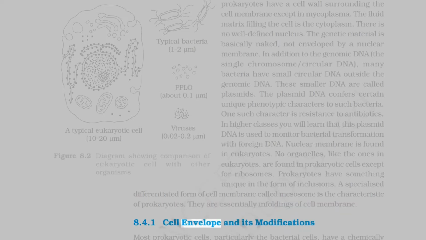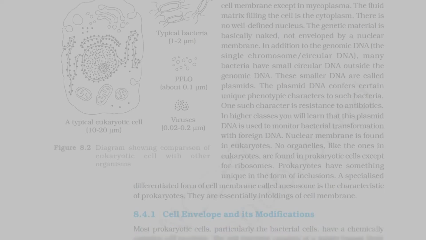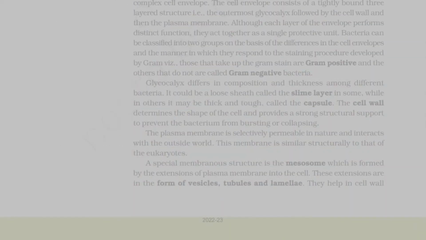8.4.1 Cell envelope and its modifications. Most prokaryotic cells, particularly the bacterial cells, have a chemically complex cell envelope. The cell envelope consists of a tightly bound three-layered structure, i.e., the outermost glycocalyx followed by the cell wall and then the plasma membrane.